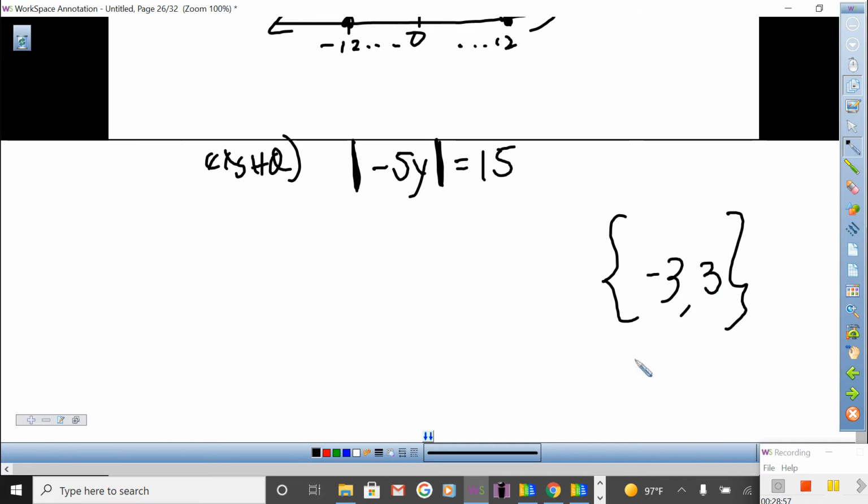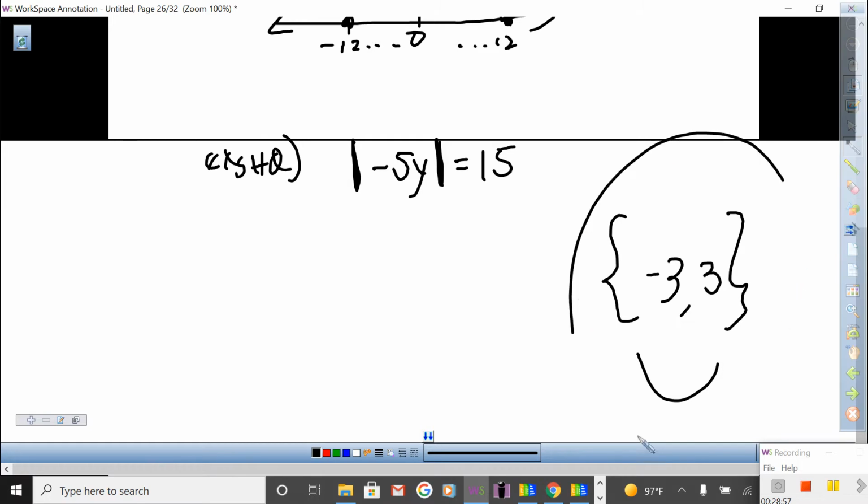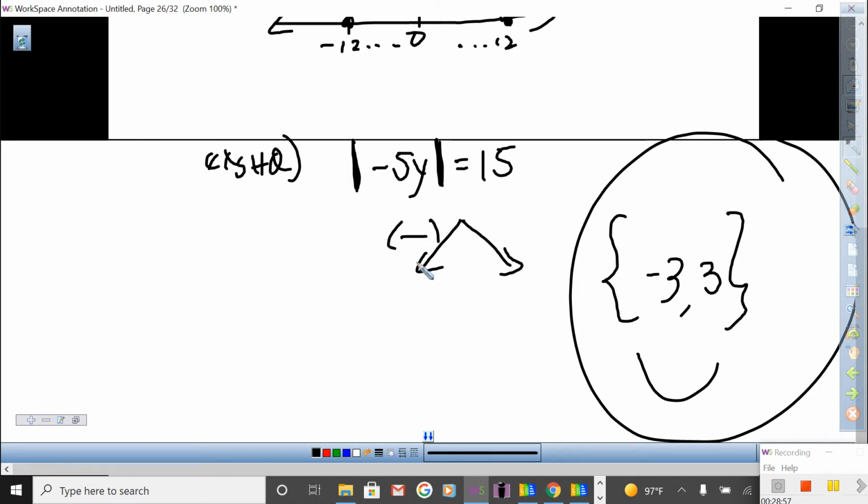Negative 3 and 3. Hands if you got that. That is correct. Pretty good, yeah? Bam. So once again, the process is the absolute value by itself, yes. So from there we do 2 equations, one for negative 15 and negative 5y, and one for positive 15, negative 5y. You know what to do from there, yes?